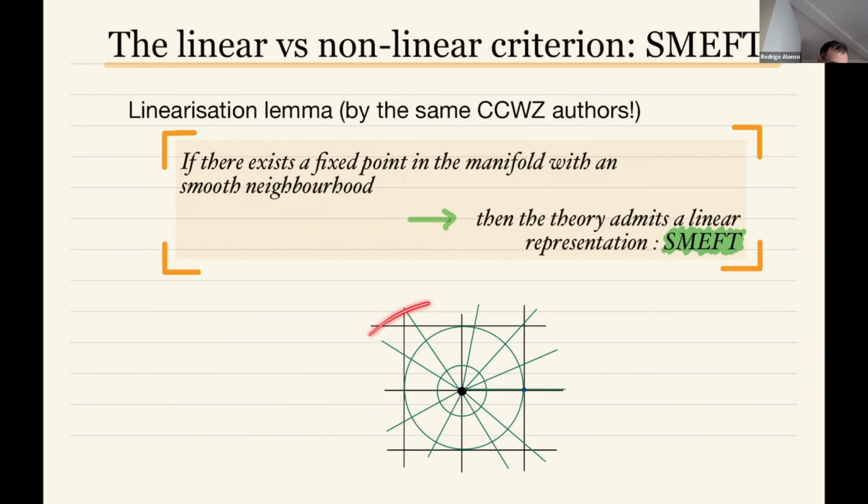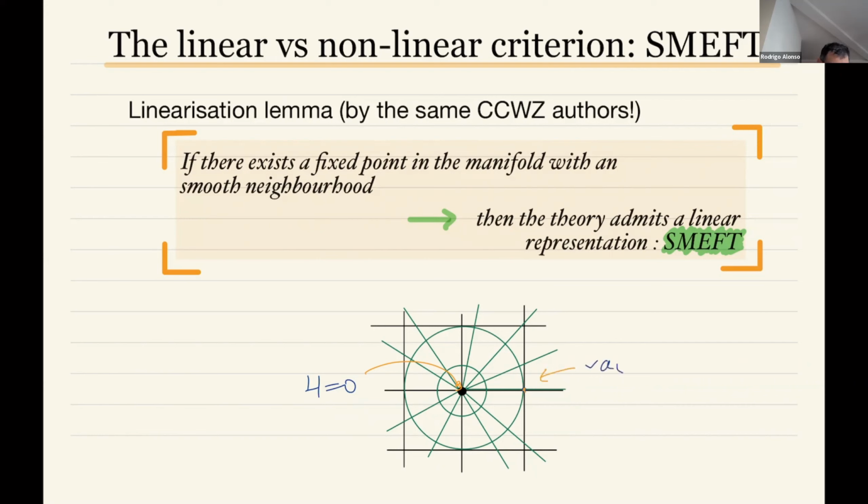If we have rotation in a 2D plane, it's only the origin that will be that h equals 0. That is a fixed point, and that is indeed the key to having a SMEFT. But as you know, we don't live there. We live some ways away in the vacuum state.